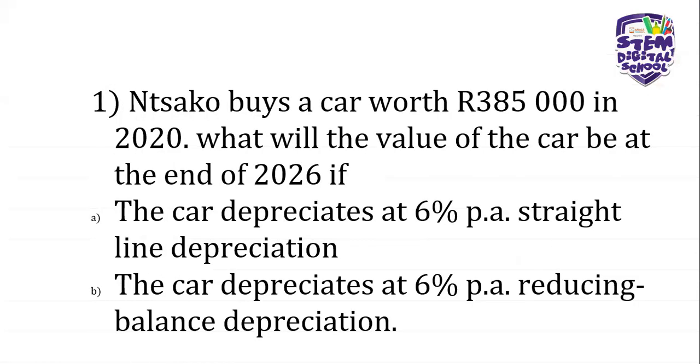And of course, this applies a lot when it comes to the values of vehicles, where you buy a car and the car loses value after a number of years. In this case, the car is bought at 385,000 rands, and it will lose its value after a period of 6 years.